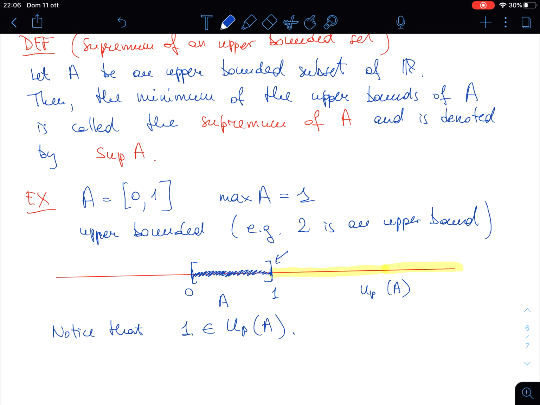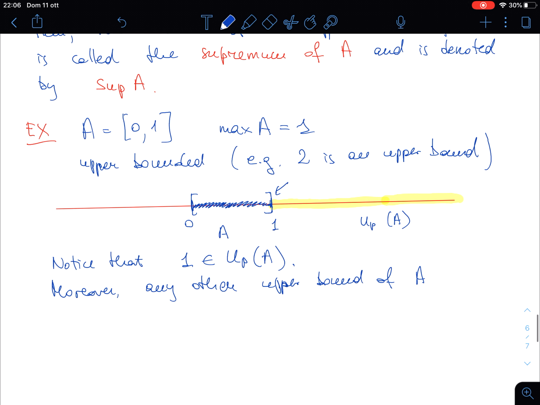Moreover, any other upper bound of A cannot be less than 1.